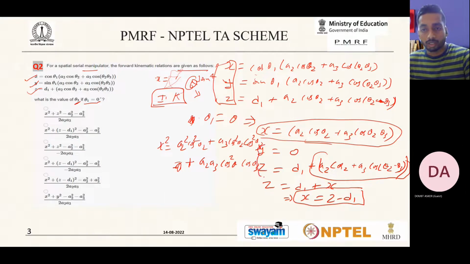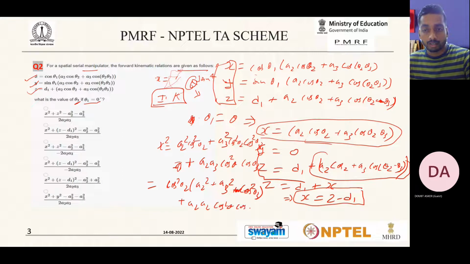If we solve, what we'll get is cos square theta 2 times a2 square plus a3 square plus a2 a3 cos theta 3. So this is what we will get as x square.